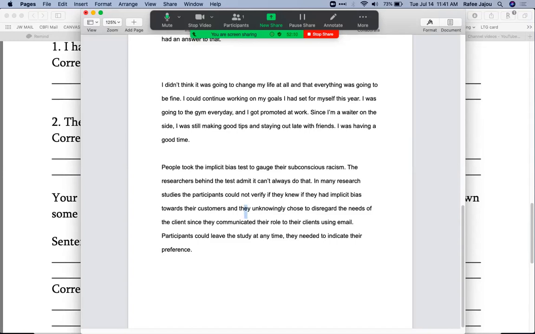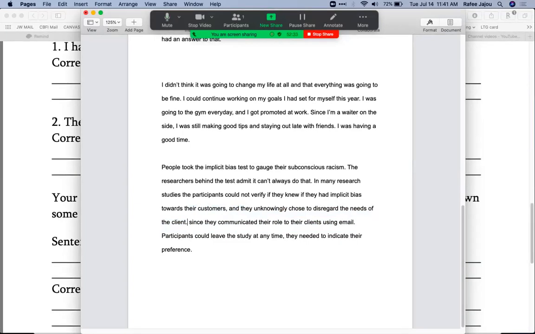Now you can join two independent statements with an and if you've got a comma. But after that, you better stop and use a period. Where are we going to use it? And they unknowingly chose to disregard the needs of the client since they. So this is a dependent statement. Okay. And this is an independent statement.